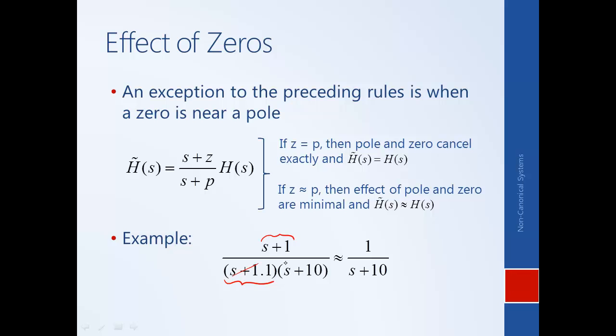These two terms approximately cancel, and we can approximate this transfer function as 1 over s plus 10. They're not exactly equal, but their responses will match up pretty well. So this is another way that we can get a reduced order model.